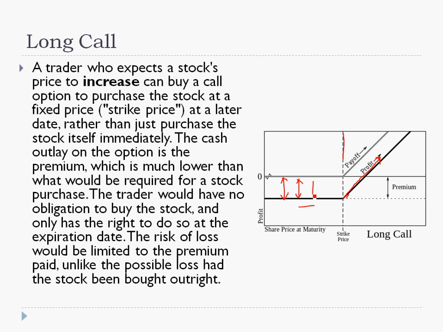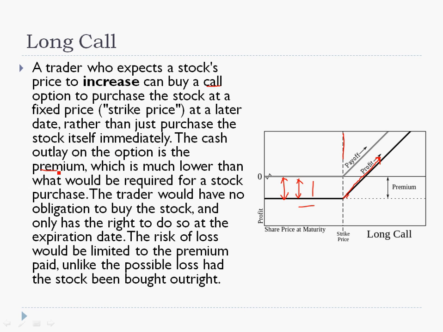The same thing is mentioned here. So just read it. A trader who expects a stock price to increase can buy a call. So I expect that the stock price would increase and buy a call option to purchase the stock at a fixed price. So I purchased a call option to buy the stock at a strike price at a later date rather than purchase the stock immediately. The cash outlay for the option is the premium.